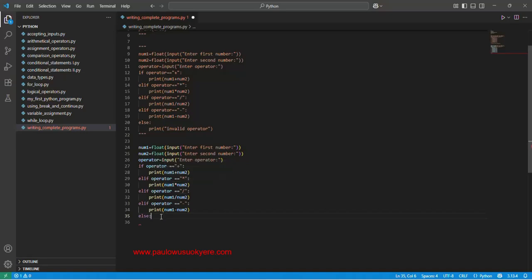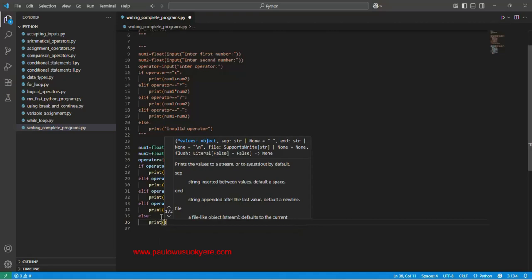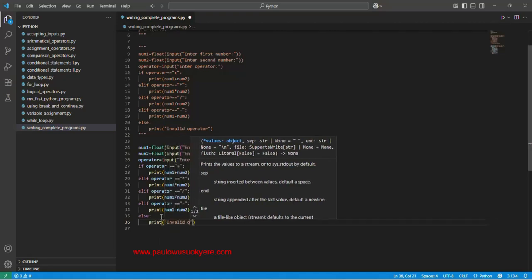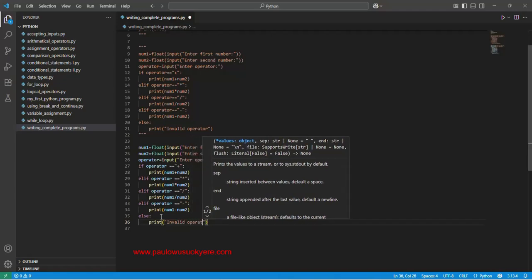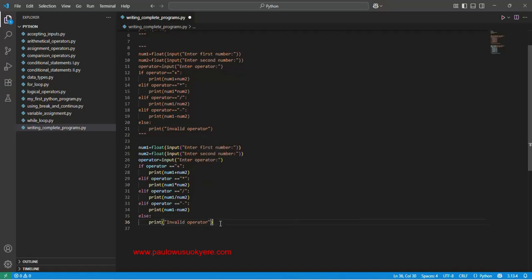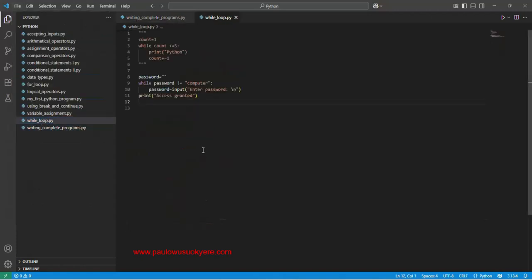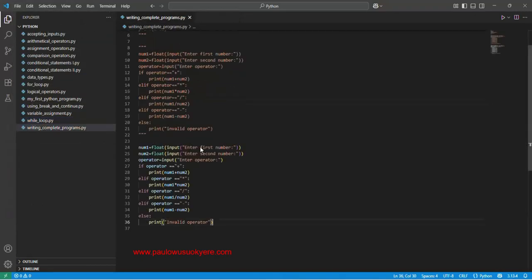Then else, print invalid operator. Okay, so now you can save it.